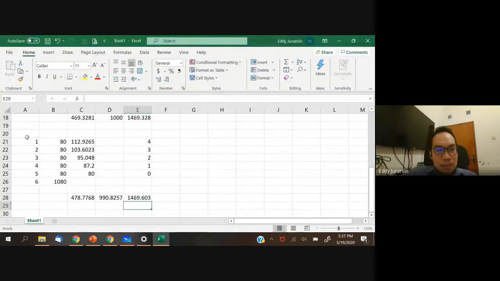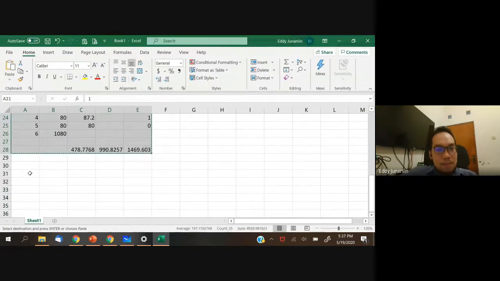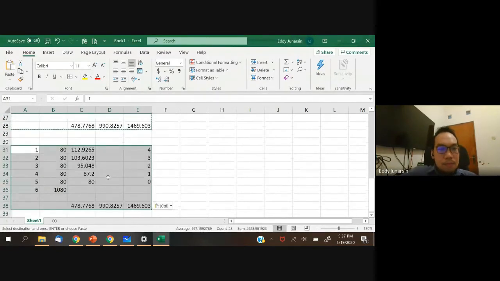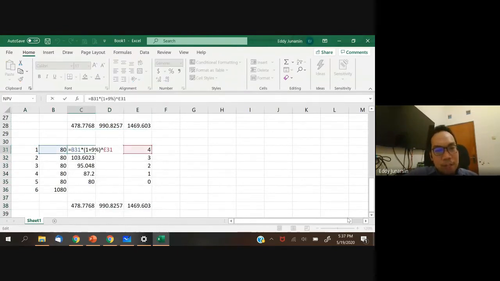Okay, let's do it. Now I will do copy and paste. So what is changing now? Reinvestment rate, 6.5, right? So 80 multiplied by 1 plus the new market rate, which is decreasing in this example, from 8 to 6.5%, to the power of 4.